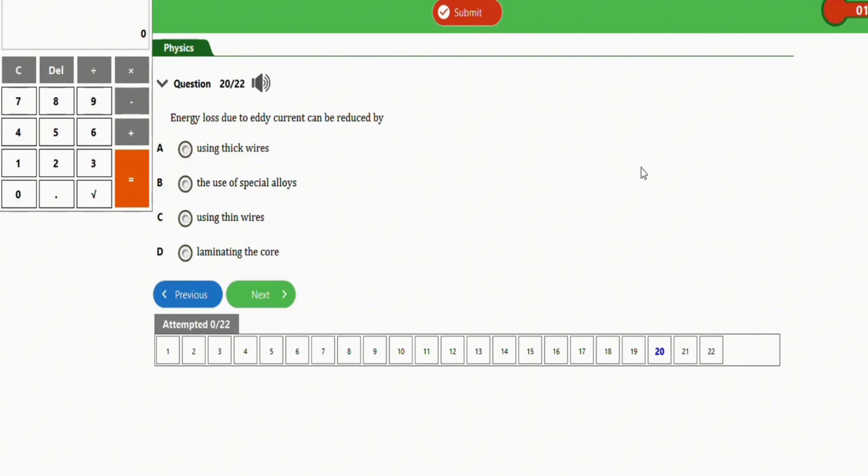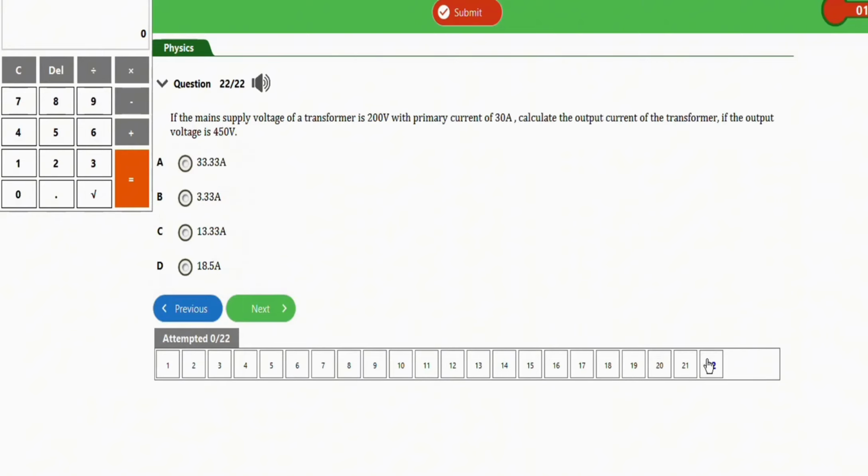So the last question before we end this class will be this one. It says if the mains supply voltage of a transformer is 200 volts with a primary current of 30 ampere, calculate the output current of the transformer if the output voltage is 150 volts.